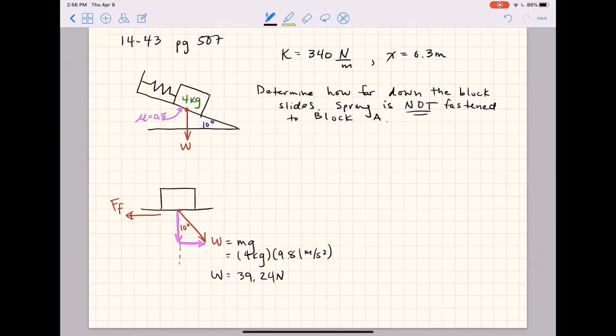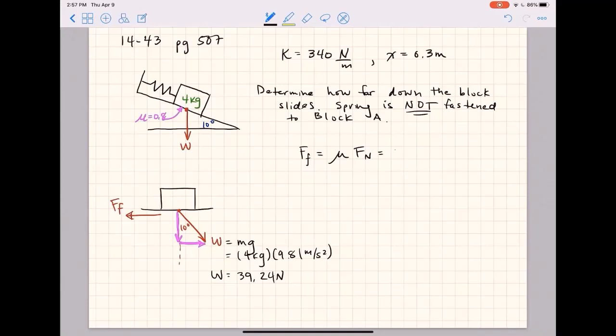So remember that force of friction is equal to the coefficient of friction times the normal force. So either big N or capital F sub n. Either way, it's the normal force. So the only other vertical force that's in this picture would be that vertical component from the weight. So we can just put that in directly.